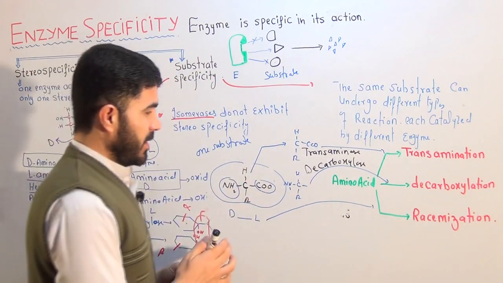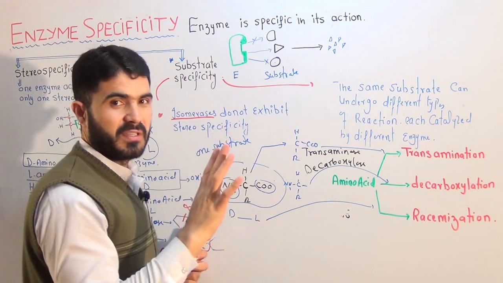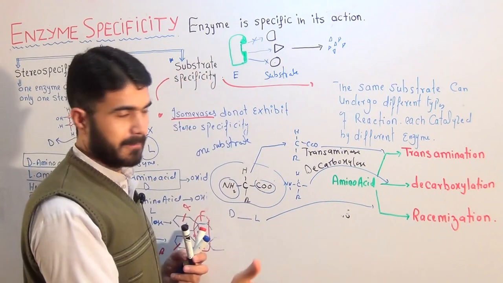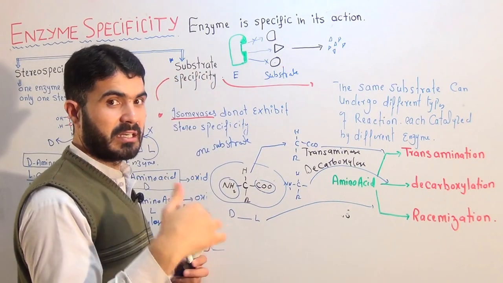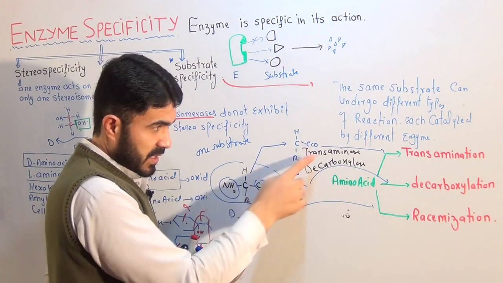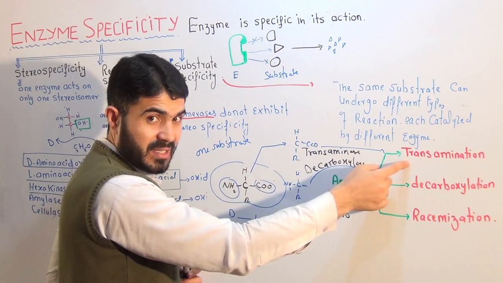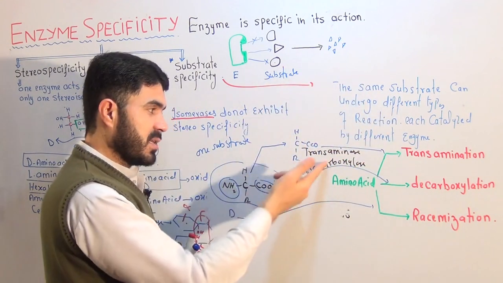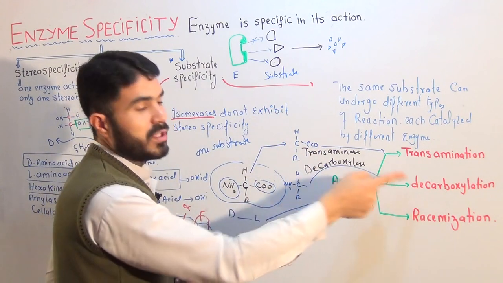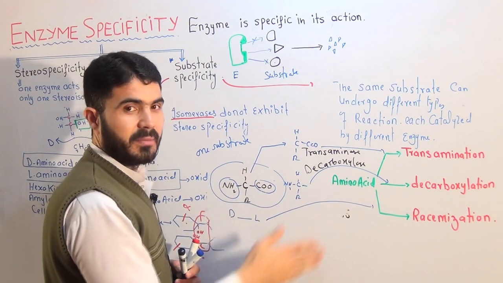Look, suppose the reaction specificity was not there, if the enzymes were not reaction specific, then what would happen? The same enzyme could bring that amino acid into transamination, as well as into decarboxylation, and the same enzyme could perform the racemization.